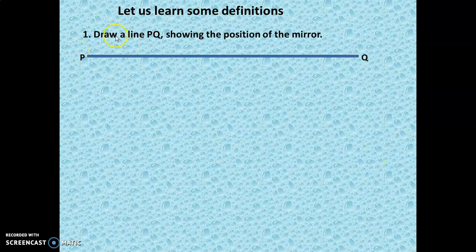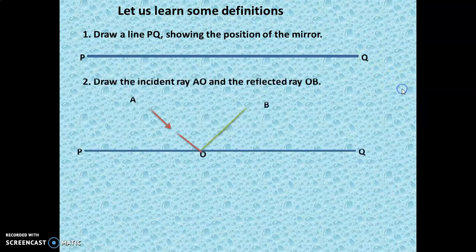So what we are going to do is draw a line PQ as shown in the diagram, and PQ is going to show us the position of the mirror. So take a pencil and scale and draw a straight line named PQ, which is going to show us the position of the mirror. Then draw incident ray AO and reflected ray OB.